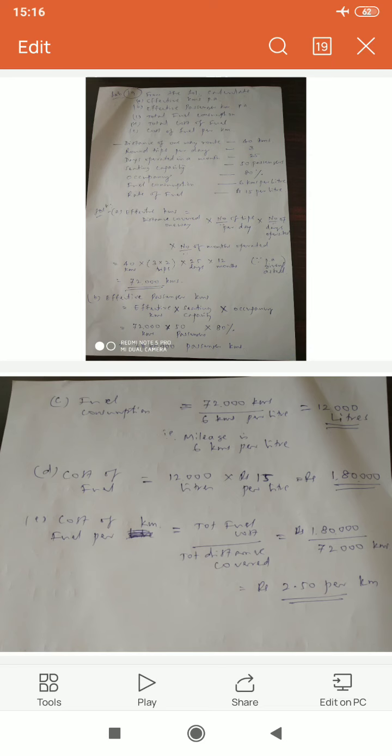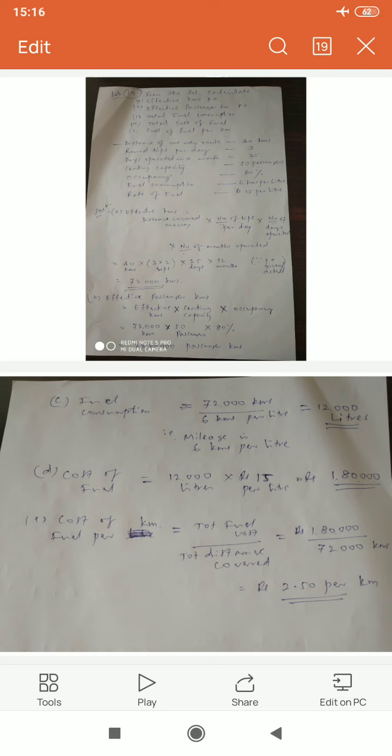Say the formula to ascertain effective kilometers is, distance covered one way into number of trips per day into number of days operated multiplied by number of months operated. Why number of months operated? It is in this problem because all the informations have been furnished in terms of per annum, in the sense you have been asked to ascertain effective kilometers per annum, effective passenger kilometer per annum as such.